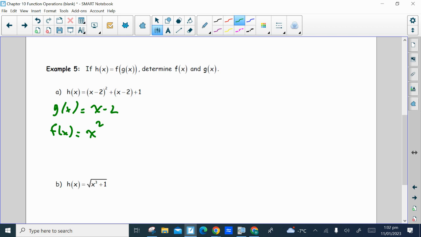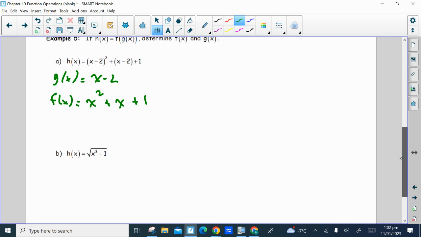It was then squared, plus the x minus 2 is there again, which is another x. And there we have an expression for f at x. And if you take g and sub it into the variable x in f, you'll get exactly what's above there. So you can look back and make sure what we have written down would work, and it does.